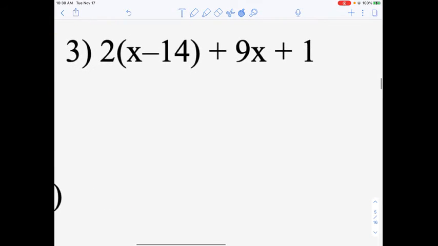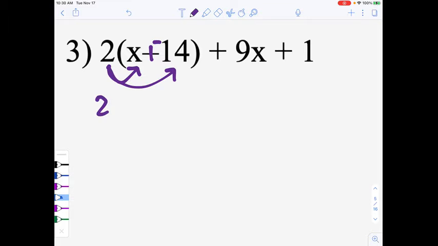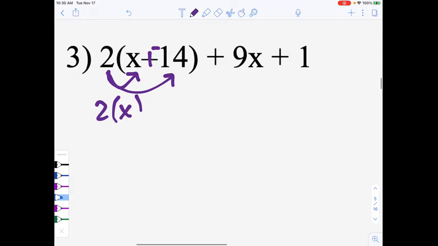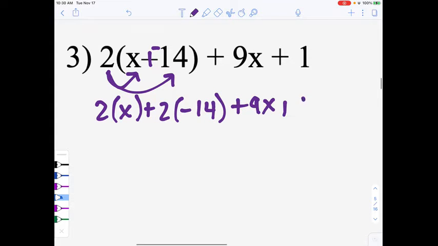Okay, practice a few more. 2 times x minus 14 plus 9x plus 1. So always look first to see if we can add up. Then we want to distribute. I'm going to distribute this 2 to both terms. 2 times x plus 2 times negative 14 plus 9x plus 1.